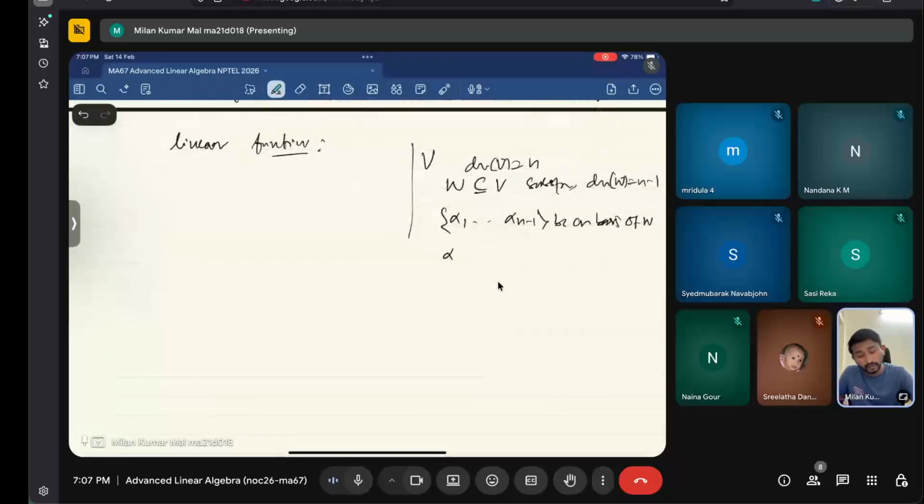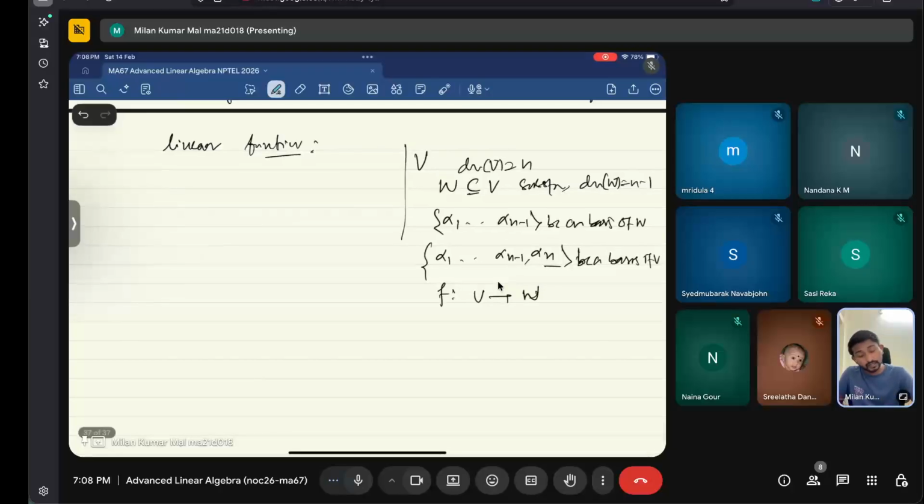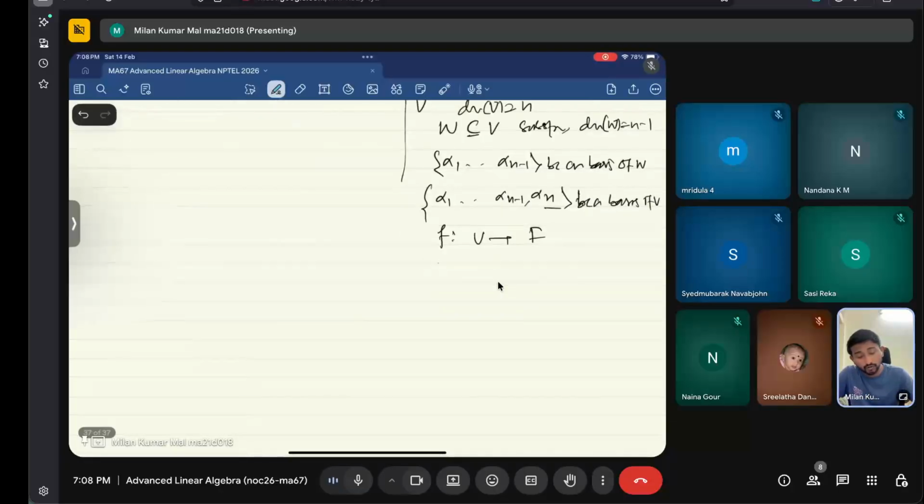We have n minus 1 vectors, so we add one more, alpha n, and this is the extension, which is a basis of V. Now let us define a linear functional from V to F such that this subspace W is the null space. Suppose you have the vector the sum of x_i alpha_i, i equals 1 to n. Then I have to write just x_n.